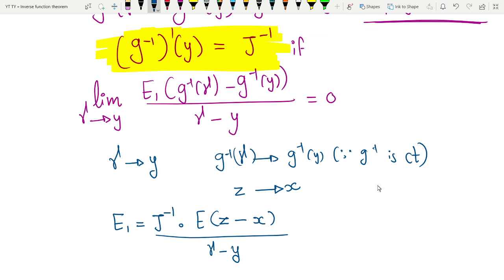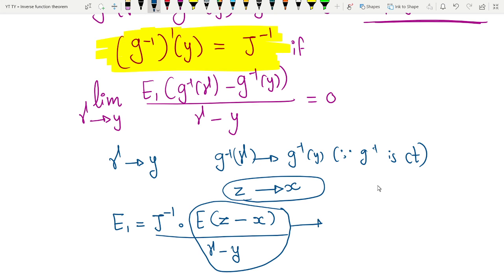Now as Z approaches X, what we know is this error function should approach towards 0, right? But we have J inverse also in the composition. So it is J inverse composition 0.